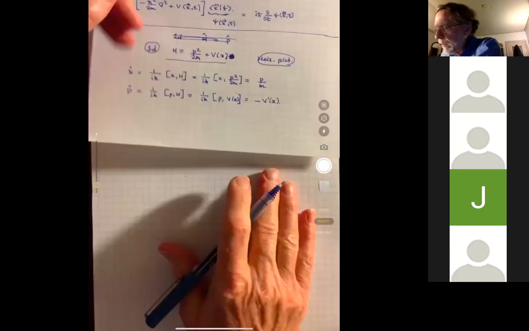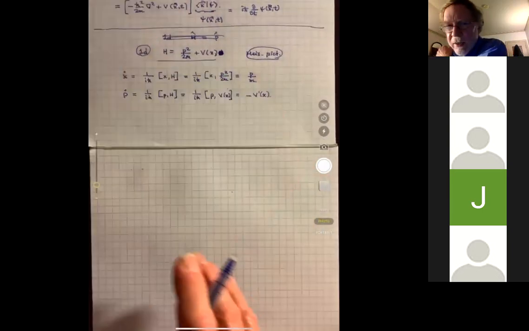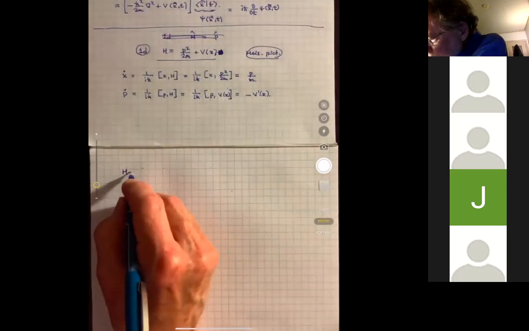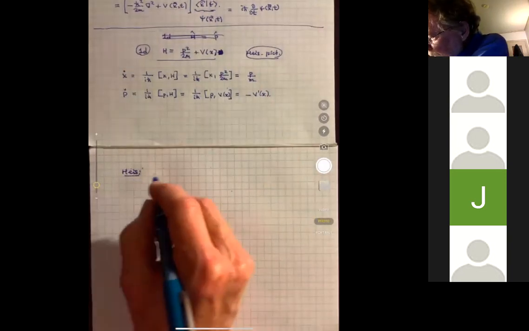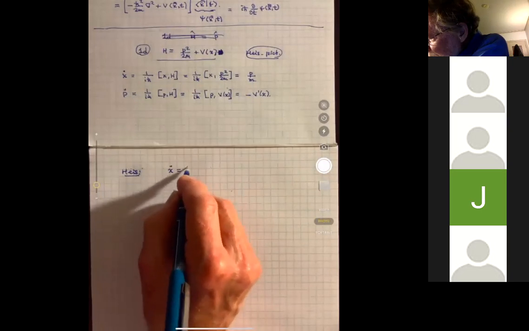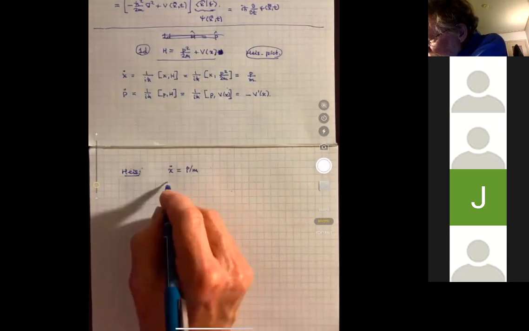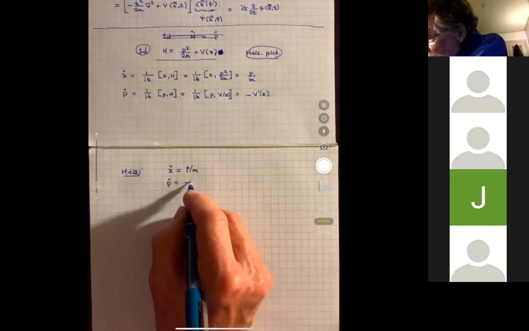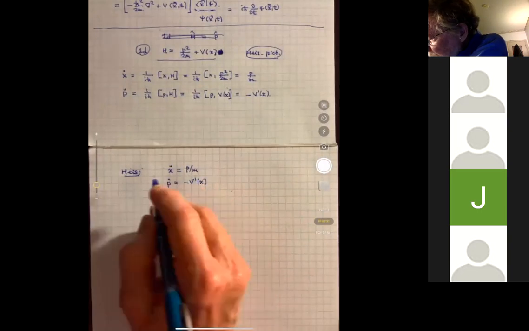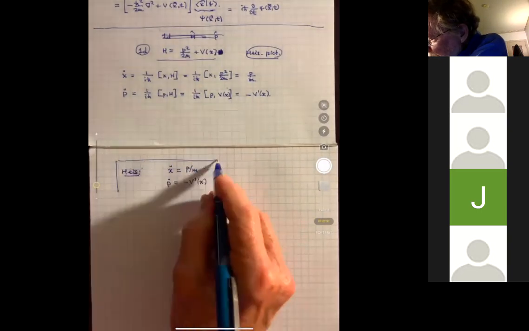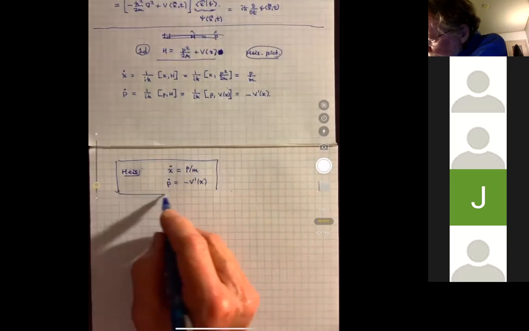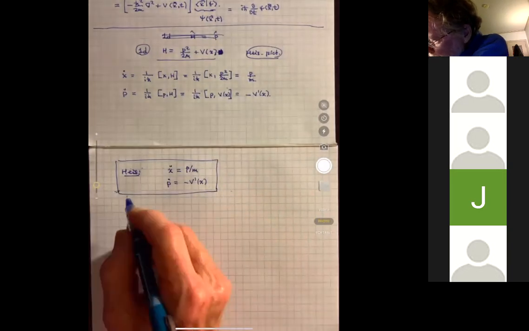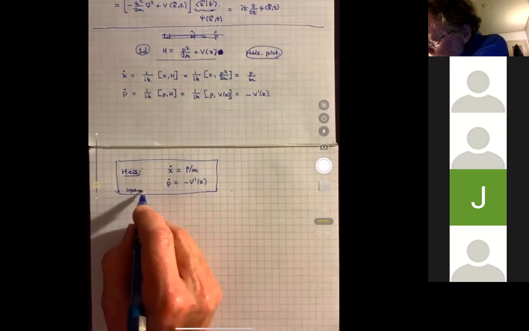So those are the Heisenberg equations of motion. Let me summarize them here. x dot is equal to p over m. p dot is equal to minus V prime of x. I'm omitting the H subscripts and the hats, but of course these are operator equations.